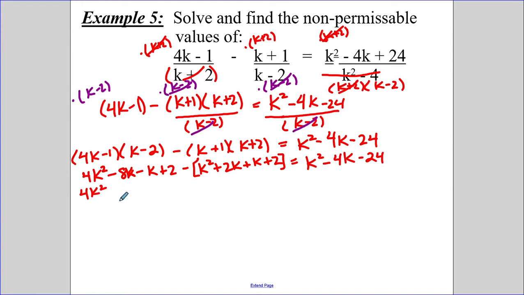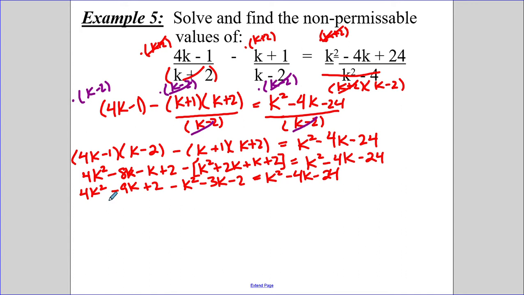So 4k squared minus 9k plus 2 minus, notice here I'm going to have 3k in the middle here, so minus k squared minus 3k, right? The negative is going to multiply in, and then at the very end here, a negative times a positive 2 gives me a negative 2 equals k squared minus 4k minus 24.